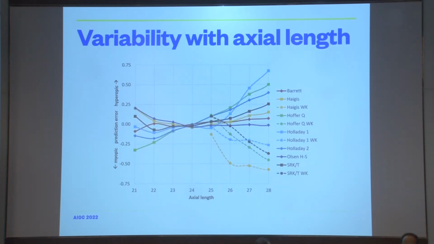Variability with axial length, which is my core topic. Again, you can see the flat line, more consistency, is with the Barrett again, and the Haigis without the Wang-Koch modification fared very well. But somehow with the Wang-Koch, they found out that it didn't really serve very well in the longer axial lengths.